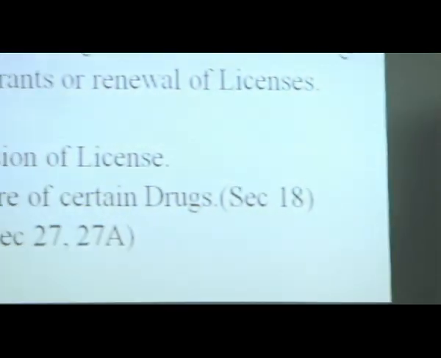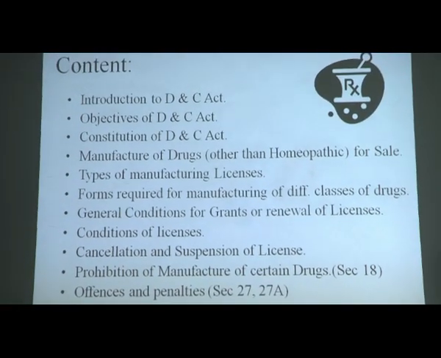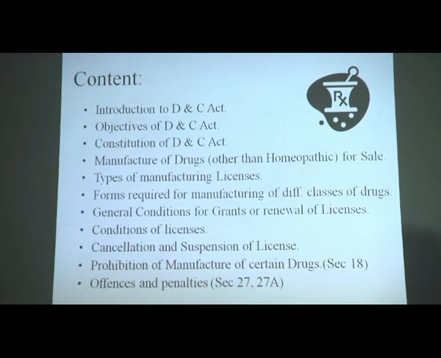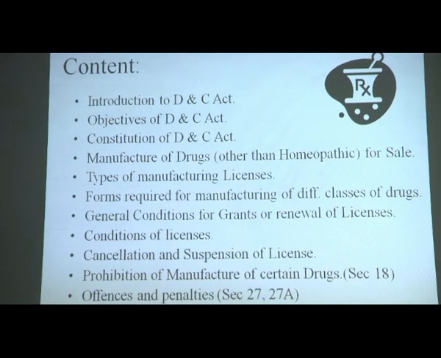Then I'm going to discuss Part 7 of the Rules 1945, that is manufacturing of drugs other than homeopathic for sale. Then types of manufacturing licenses, then forms required for manufacturing of different classes of drugs. There is a requirement of different types of forms for manufacturing of different classes of drugs.